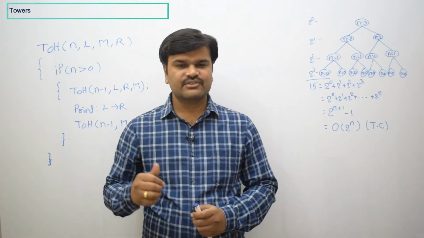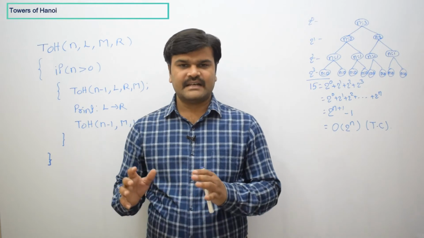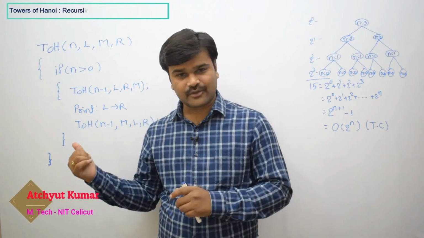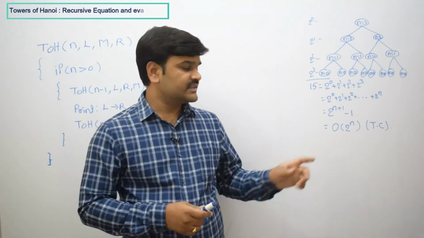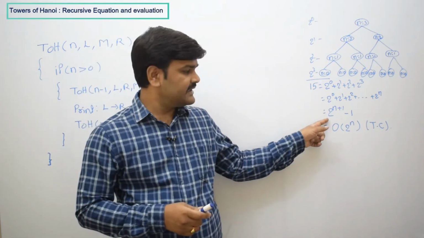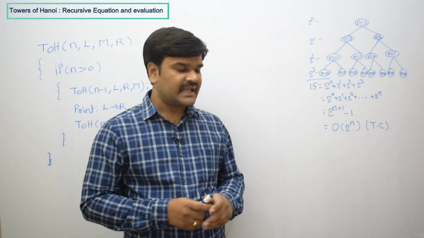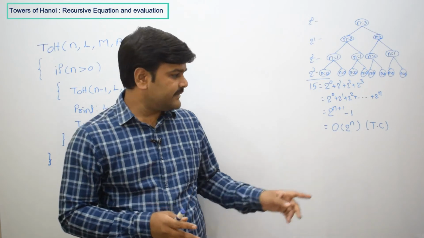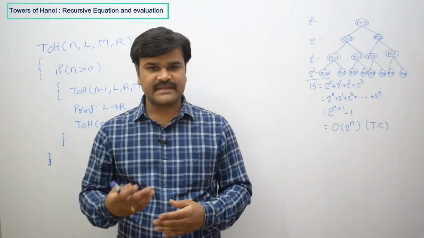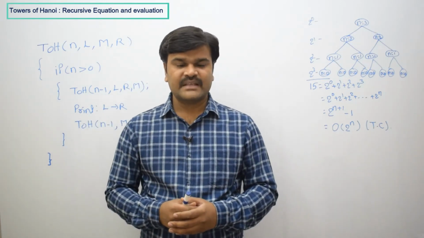Hi. So till now we have seen what the game is and how to write the code, and we have also seen what the time complexity is. This is the total number of function calls if you have n disks, and this is the time complexity. Okay. So now we are going to prove the same thing mathematically.